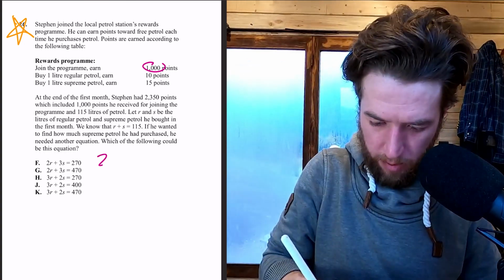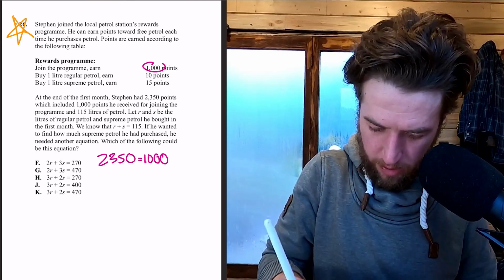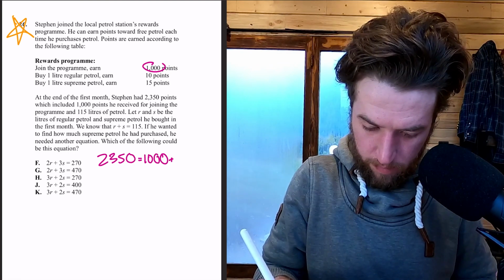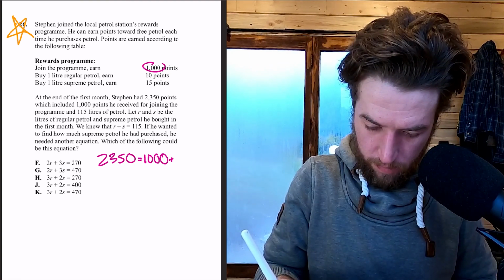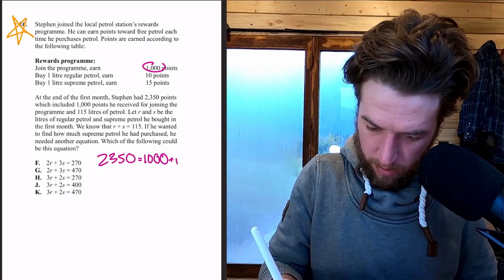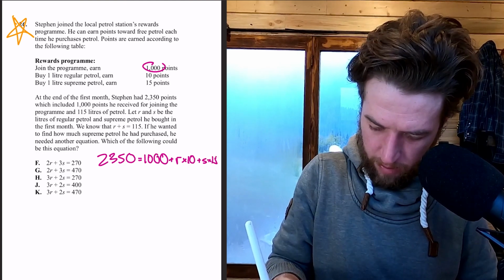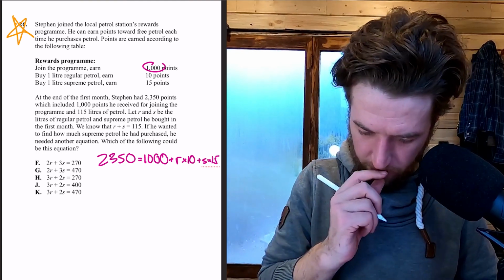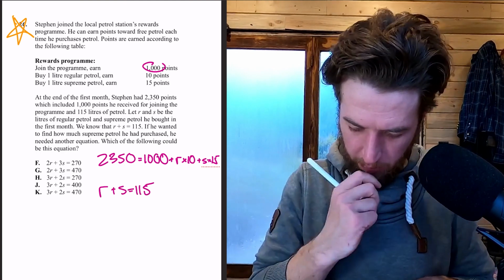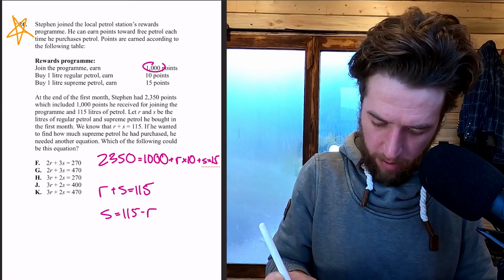So he had 2,350 points, which includes the 1,000 plus how much ever R he had times 10, plus how much ever S he had times 15. Okay, so R plus S equals 115. All right, we got our 2 equations. So S equals 115 minus R.